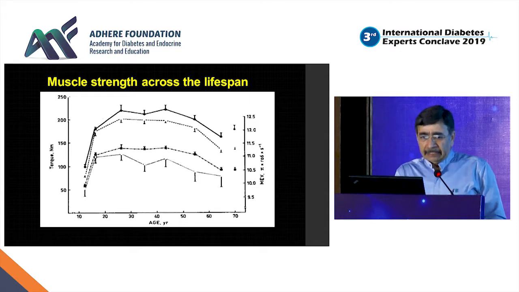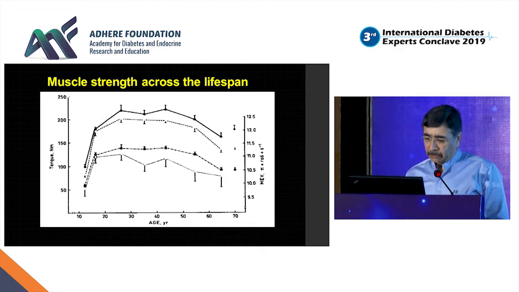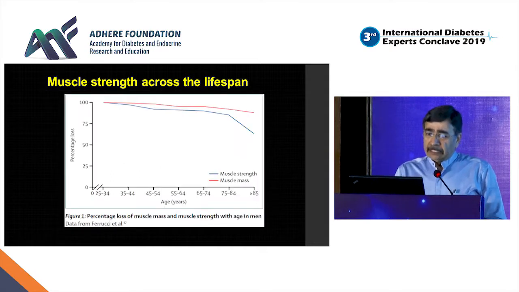And after 30 years, there is a very gradual decline in muscle mass and function which happens through life, and it gets accelerated after the age of 60 and rapidly declines after the age of 70 and 80. The function of muscle, or strength, declines much faster as compared to the muscle mass.